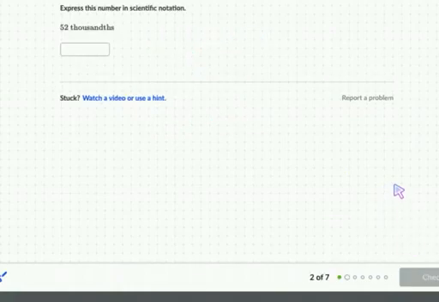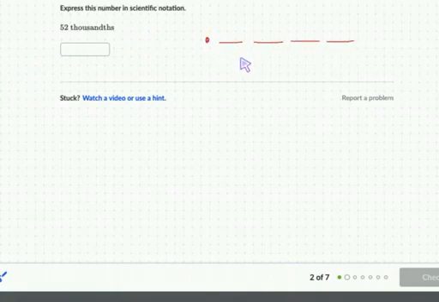Let's try another one. Express this number in scientific notation. Pause the video and try it on your own. Okay, this one is 52 thousandths. So if we were to write 52 thousandths, we kind of need to know our place value names. This right here is the tenths.